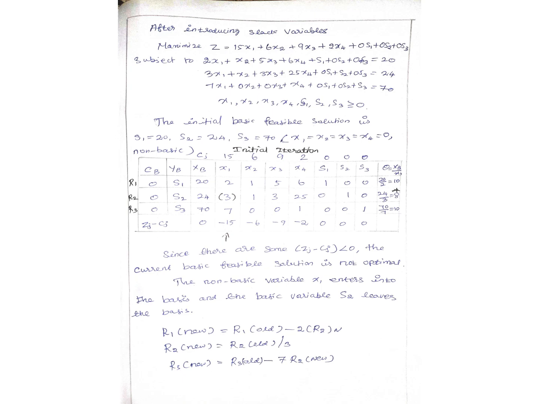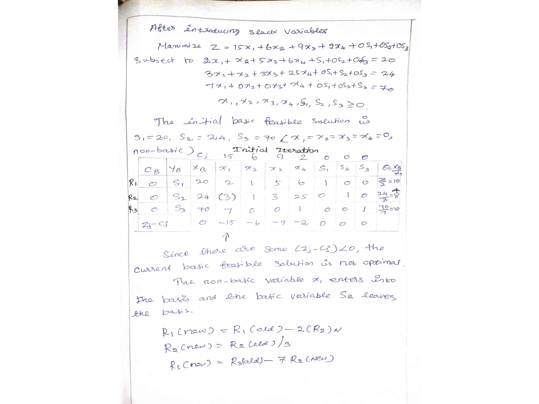Here Cj, the value is 15, the variable is x1, and Cj value is 6, the variable is x2. Then Cj value is 9, the variable is x3.